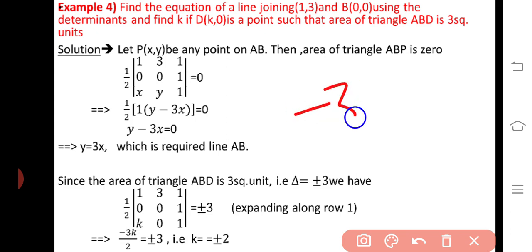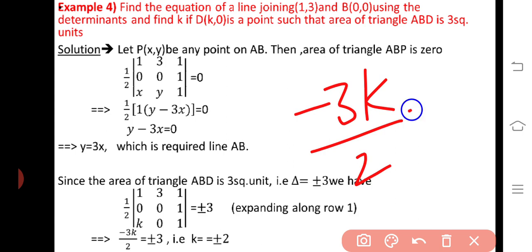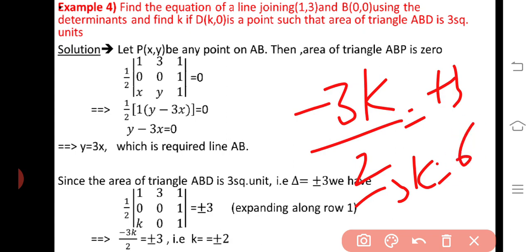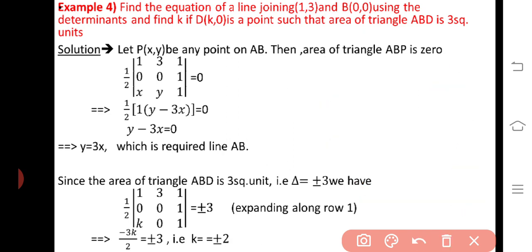See here, minus 3k divided by 2 equals plus or minus 3. 3 twos are 6, so minus 3k is equal to 6. Then 6 divided by 3, plus or minus 3 is 3 ones are 3, 3 twos are 6, so k is equal to plus or minus 2. That is the required answer.